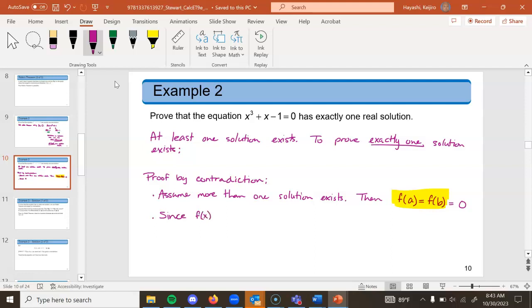So since f is continuous and differentiable, and there are two places where the function value is the same, supposedly, we're assuming that, then Rolle's theorem should apply.